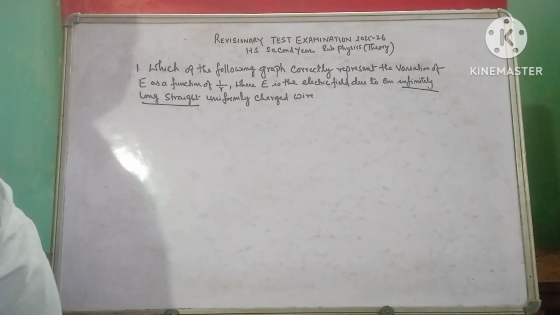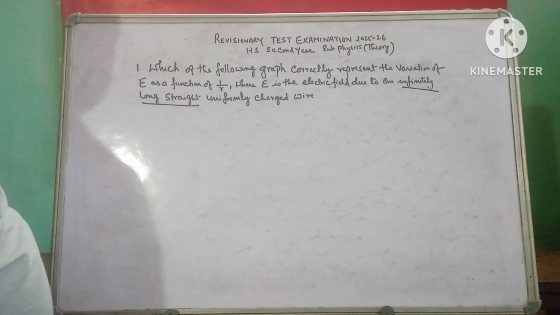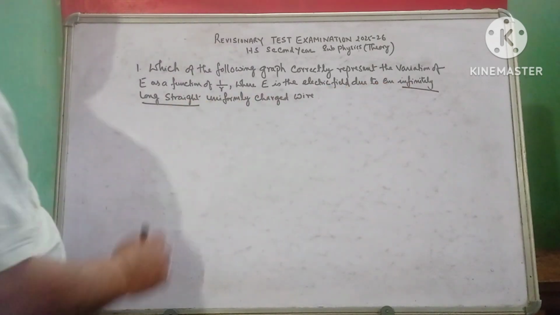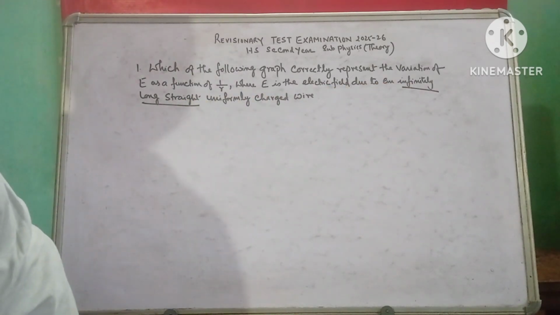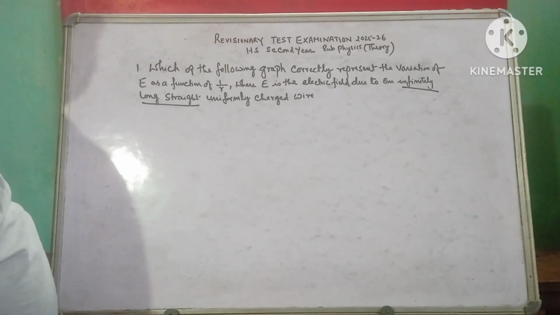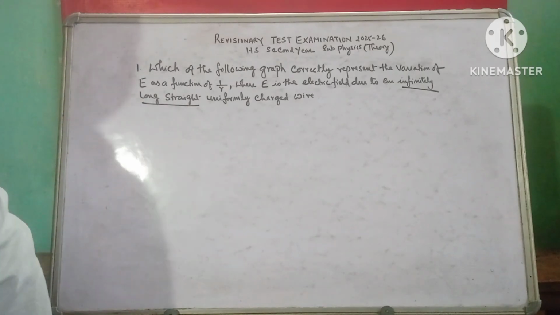After that it varies inversely. But this is for a sphere, while here it is for an infinitely long, straight, uniformly charged wire.